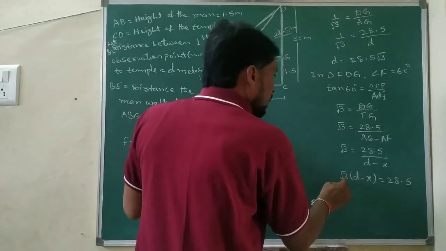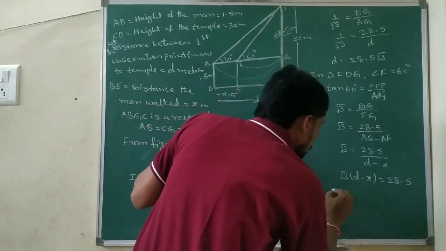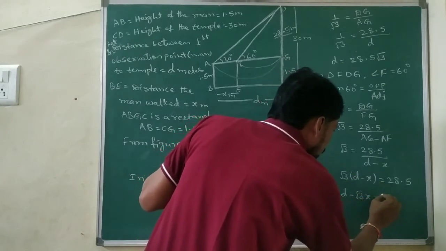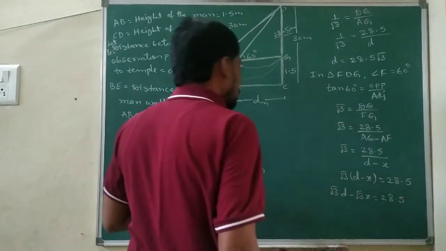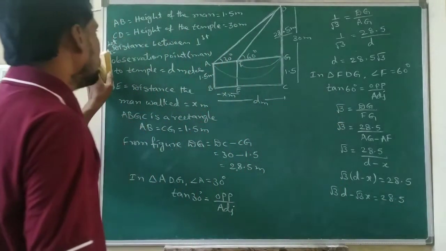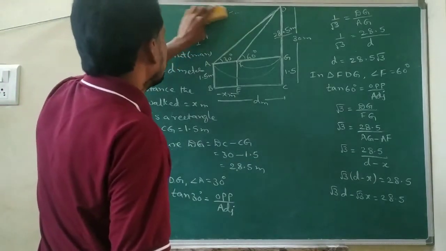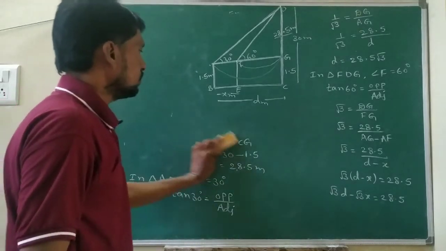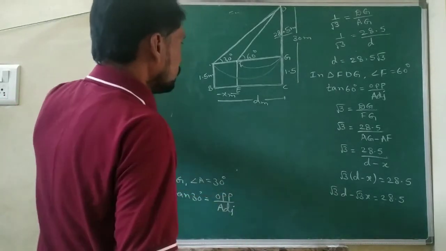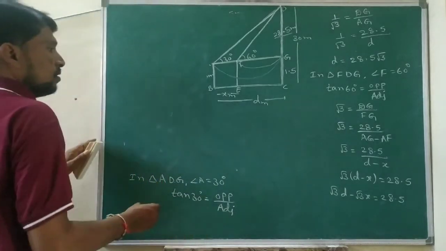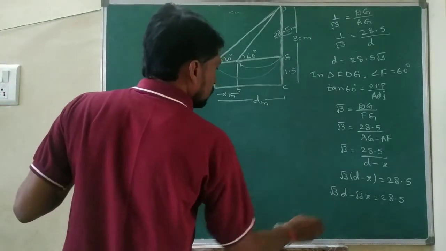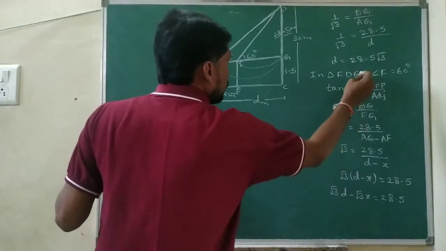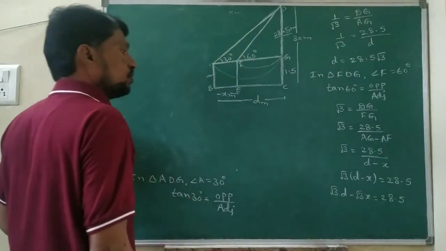Now multiplying, root 3 D minus root 3 X equals 28.5. Here we already know the D value, which we got from there.